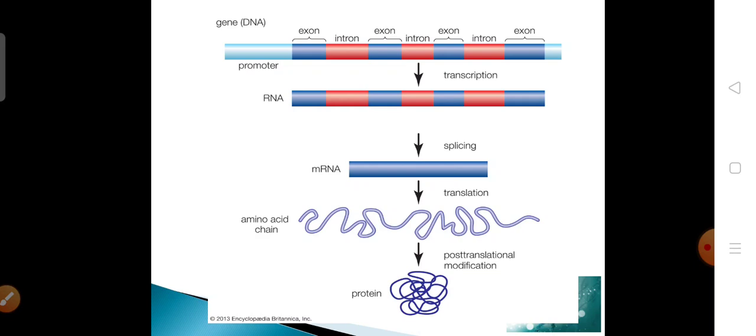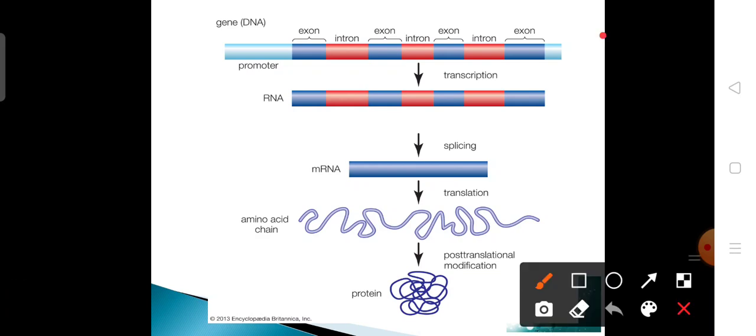Because only regions transcribed from exons are present in the mature mRNA, and only this is going to take part in protein synthesis. So the amino acid chain, and after translation the whole organized protein is formed, with all secondary and tertiary structural stability.